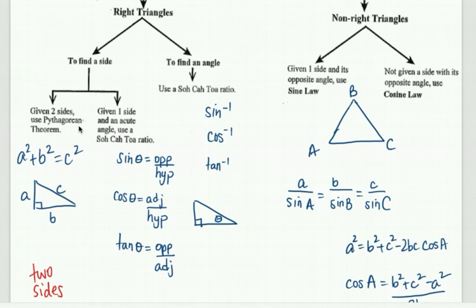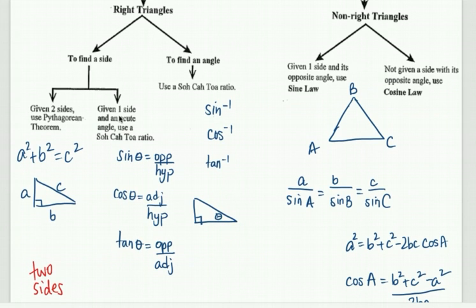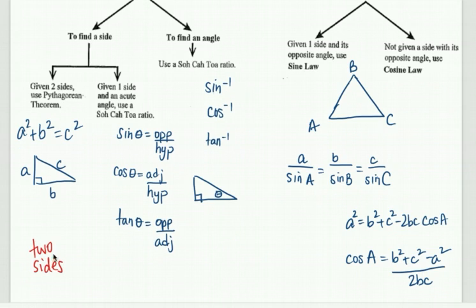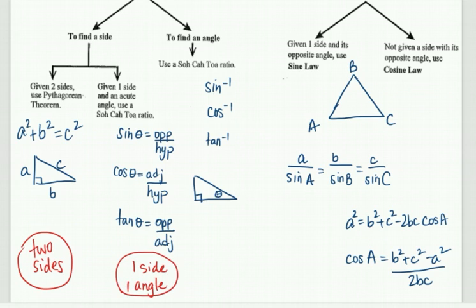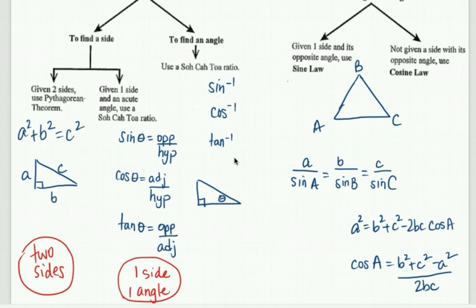All right, if the clues are that you only have one side and one angle, and then you have to find a side, then what you want to do is use SOHCAHTOA here.